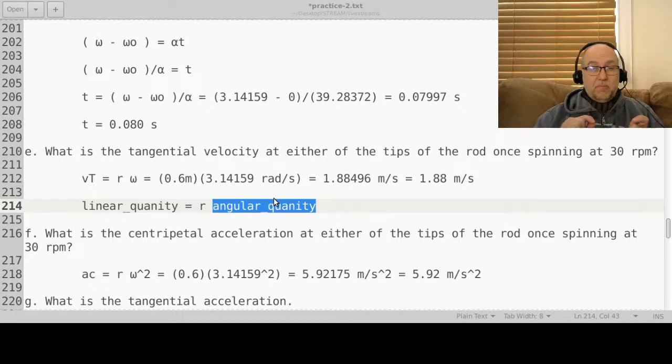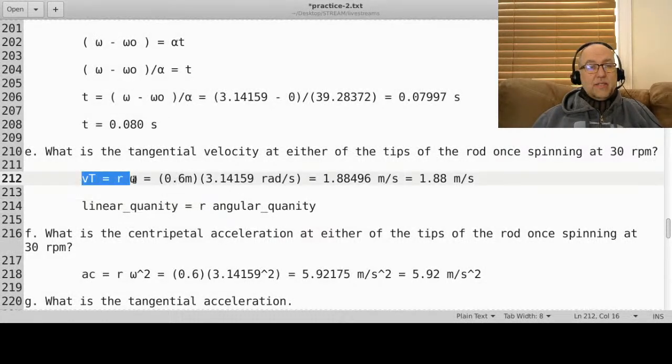Those relationships that relate the angular quantity to the linear quantity by just multiplying by R only work if the angular quantity is measured in radians. If you go back to the pre-recorded lecture, I explain why that works. Basically, that's how radians are defined. If you use this formula but you used degrees per second for omega instead of radians per second, it wouldn't work.